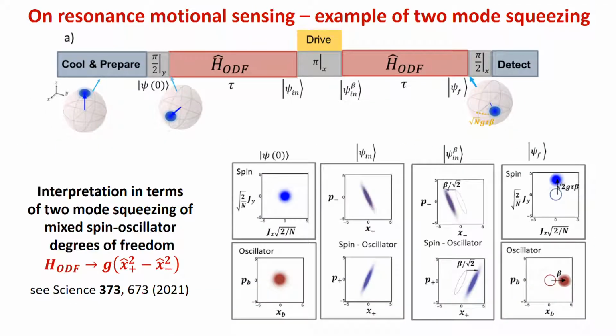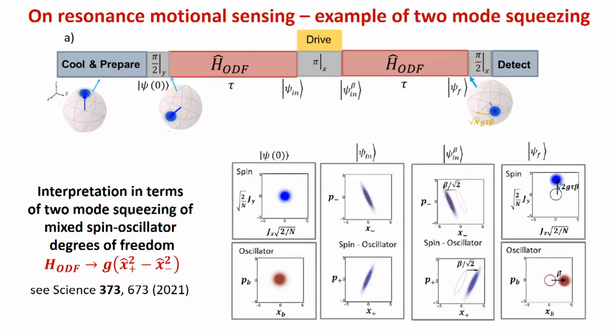I'll just briefly highlight that there's some nice theory work from Ana Maria Rey and her colleagues on how this protocol can be interpreted as a two-mode squeezing protocol. Here, the two-mode squeezing occurs for mixed spin oscillator coordinates, these coordinates p minus and x minus and p plus and x plus.